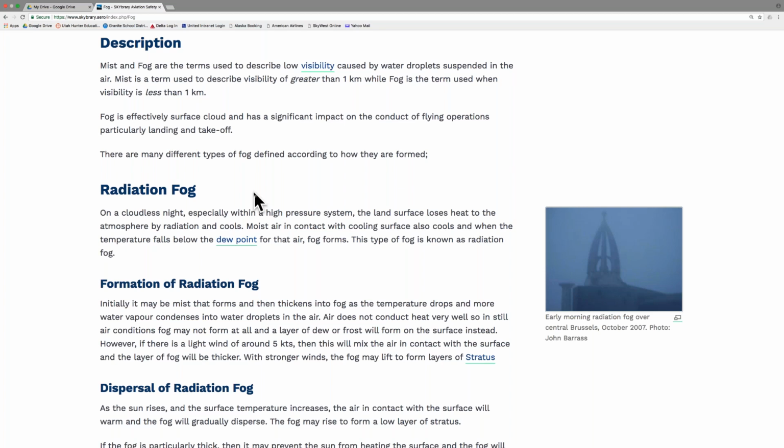When it's a cloud layer moving through, our cloud layers don't tend to completely prohibit us from being able to conduct our operations, because typically it's a good 400 or 500 feet off the surface at least.